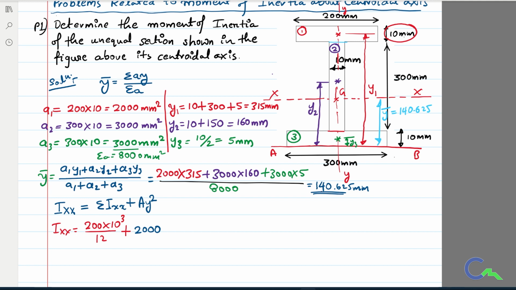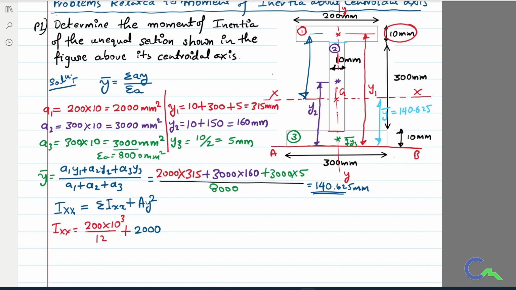Then the y distance. Now we should be very careful. That is the distance from the centroid of the first figure to the reference axis. Now the reference axis is the x-x axis. For the calculation of the centroid, we took AB as the reference axis, but as per the parallel axis theorem, I'm calculating moment of inertia about the x-x axis now. Therefore, the horizontal centroidal axis is the reference axis, and I want this particular distance.